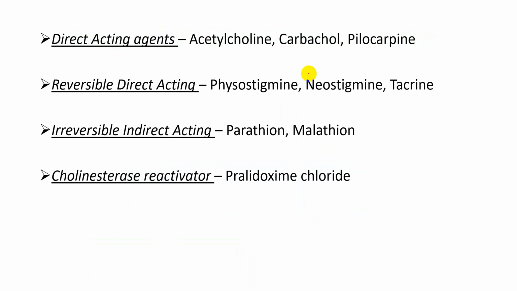Examples of direct acting agents: acetylcholine itself, carbachol, pilocarpine. Reversible direct acting agents can be physostigmine, neostigmine, pyridostigmine, tacrine. Irreversible indirect acting will be malathion, parathion, and the cholinesterase reactivator is pralidoxime chloride.